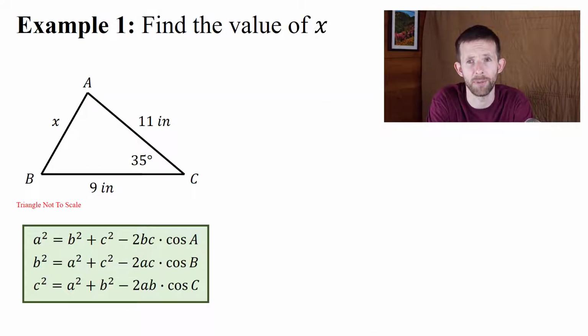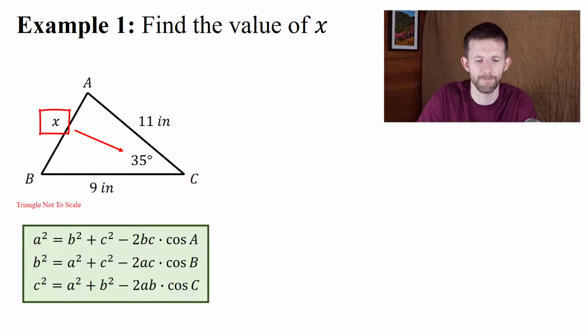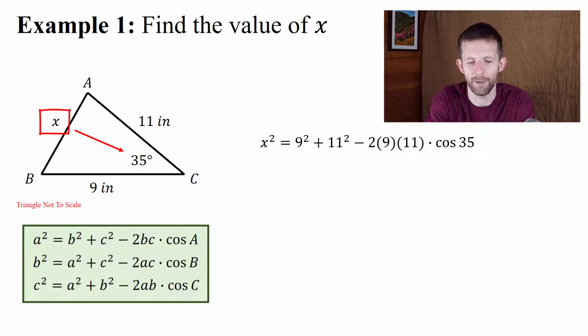In example 1, I want to find the value of x. x is opposite the angle that's 35 degrees. So when I set it up, I have x squared is 9 squared plus 11 squared minus 2 times 9 times 11 times cosine of 35.